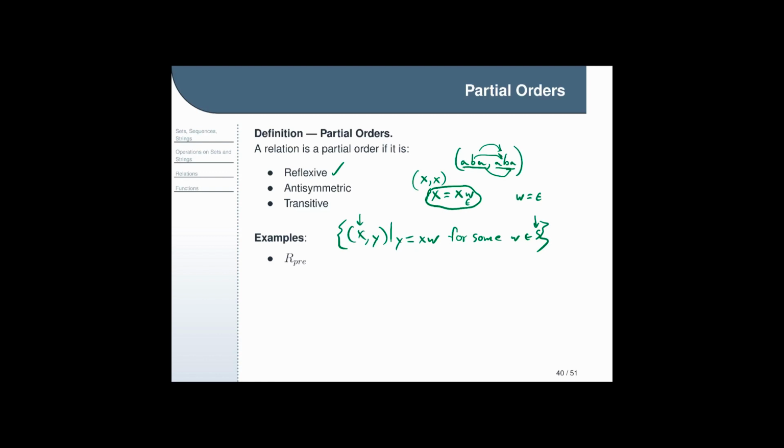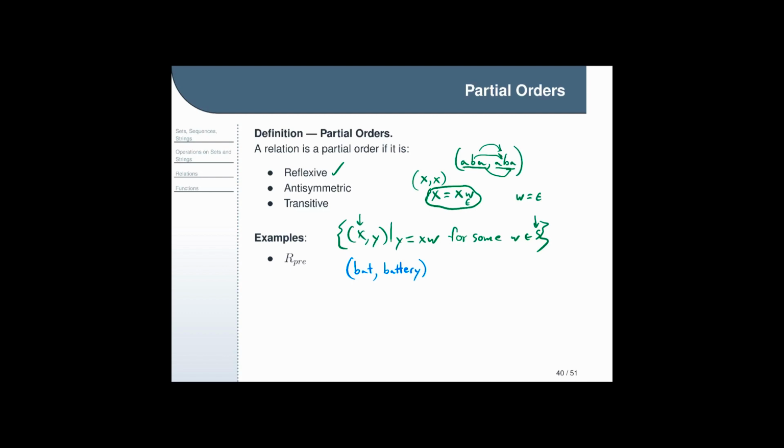All right, so I'm going to skip over antisymmetry for a moment and move on to transitivity, and we'll come back to the antisymmetric property in a minute. For transitivity, again, let's pick some example first. Let's say our first string is bat, and we have a relation between bat and batter. That's a prefix relation.